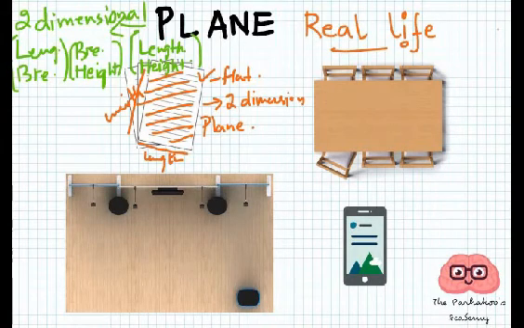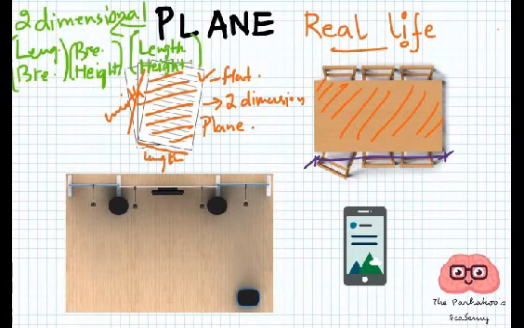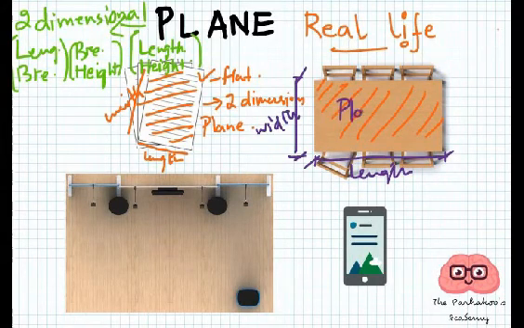If you see your tabletop, it is also a very good example of a plane surface. Although it has thickness, that can be neglected. So it has a length and it has a width. So this is a plane, it can be considered a part of a plane.